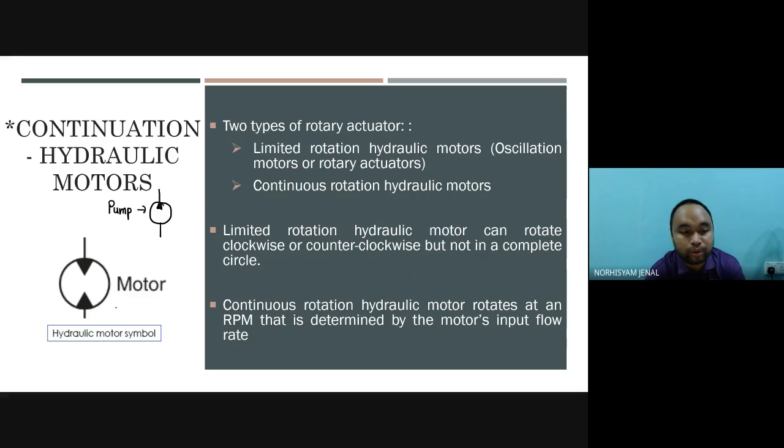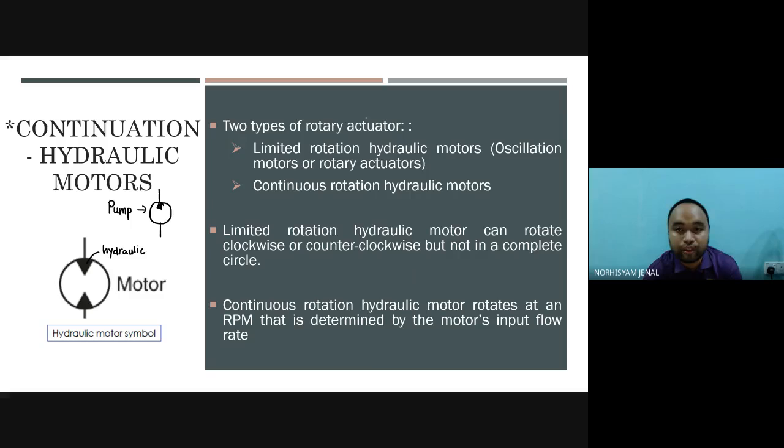This is hydraulic motor symbol, which is we have this triangular shape going inwards, okay, meaning liquid is coming inside this way. All right, and as usual, black color over here, or fill inside here, means that this is hydraulic. Okay, if it's white in color, it's a pneumatic motor.